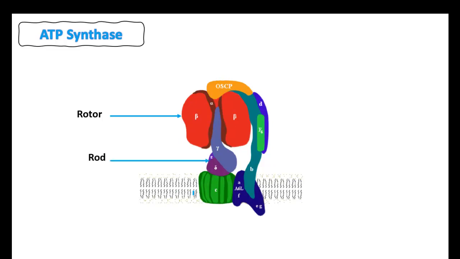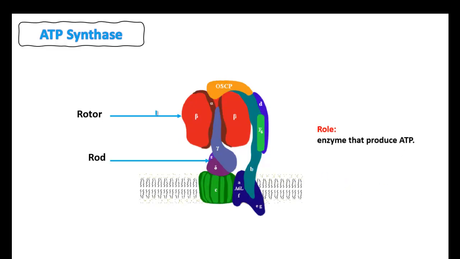The main thing I want you to remember is that the rotor part of the ATP synthase looks into the matrix. Just keep this information in mind. Concerning the function of ATP synthase, it's an enzyme that produces ATP.